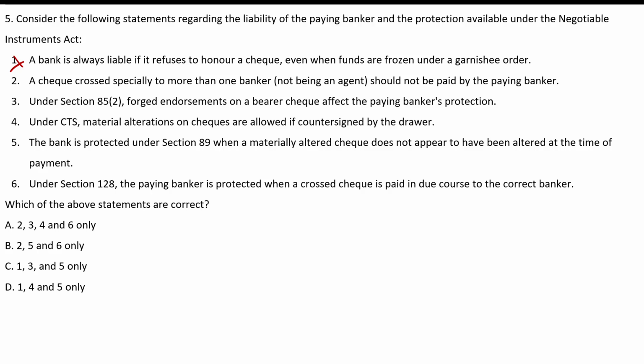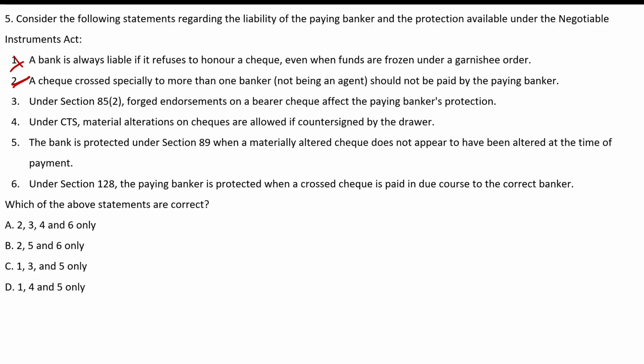A check crossed specially to more than one banker must not be paid unless to an agent for collection. So in that case, it can be paid. That's why this statement is actually correct.